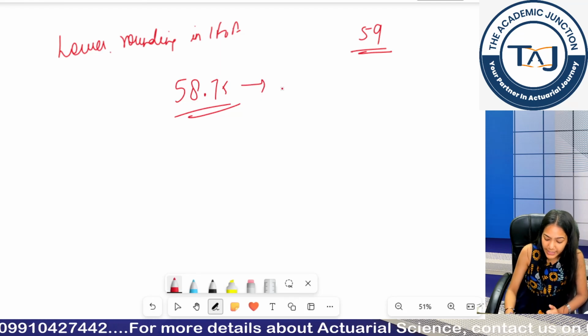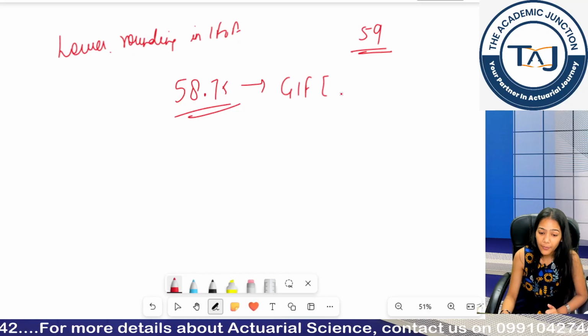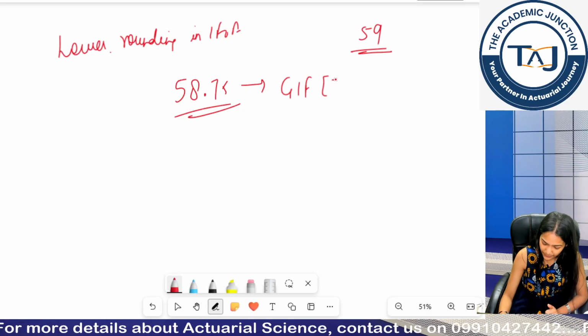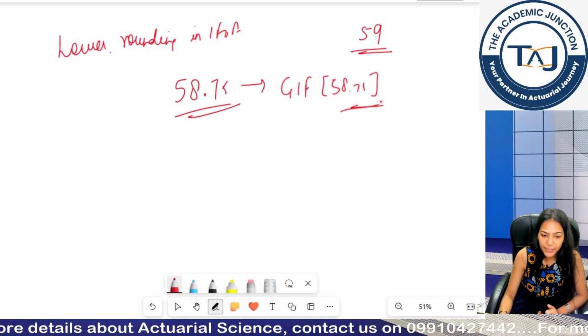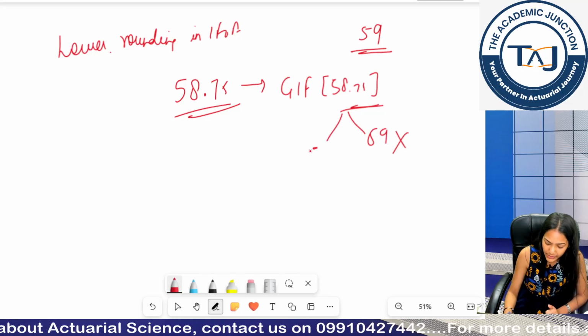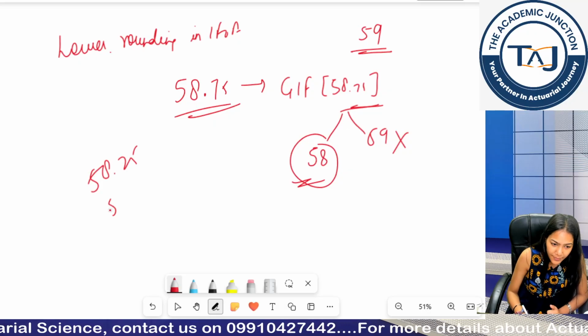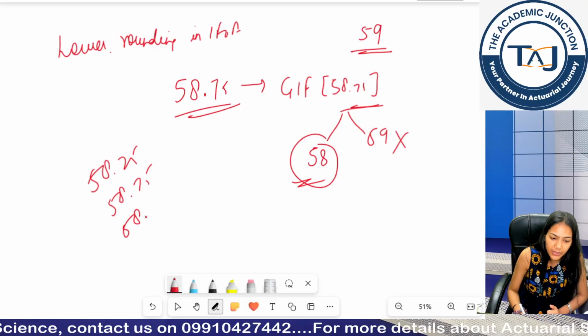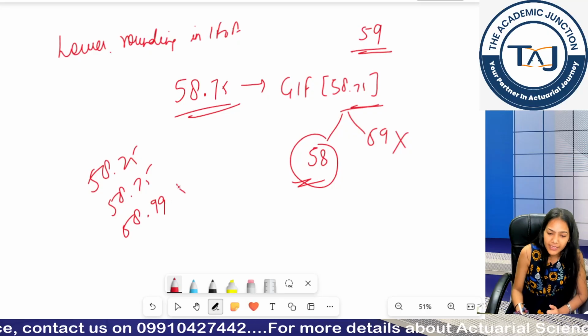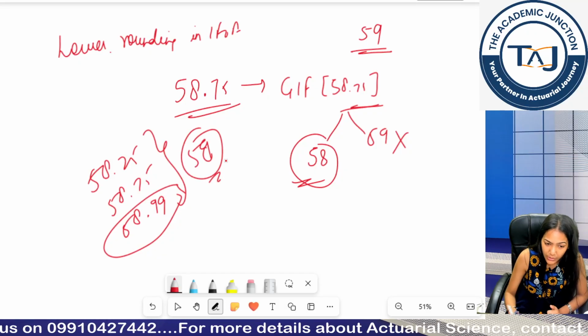For example, it takes the GIF, greatest integer function, of your exam marks. So for 58.75, IFOA will not consider it as 59, they will consider it as 58. Whether you are getting 58.25, 58.75, or 58.99, you will only get 58 marks, not 59 marks.